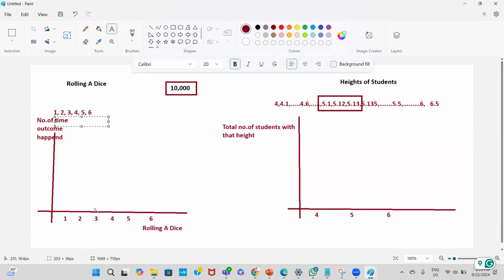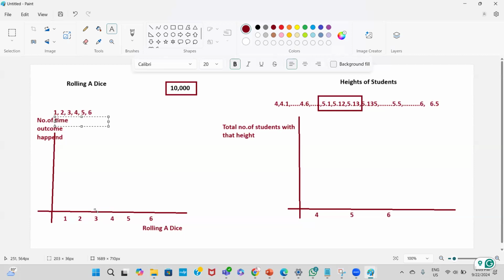Even if you roll a dice 7 times, the probability of getting one will be equal to the probability of getting two. Whatever the probability is, every number will have an equal probability. The same applies when you roll a dice 10 times or 10,000 times.